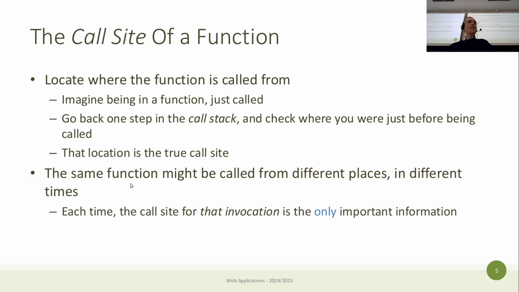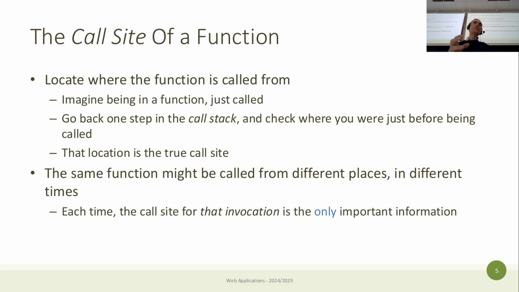Of course, the same function can be called in many places. Each time, the call site for that invocation is the only important thing. So it means that the same identical function called in different places and in different ways behaves differently with respect to the this keyword used inside the function.